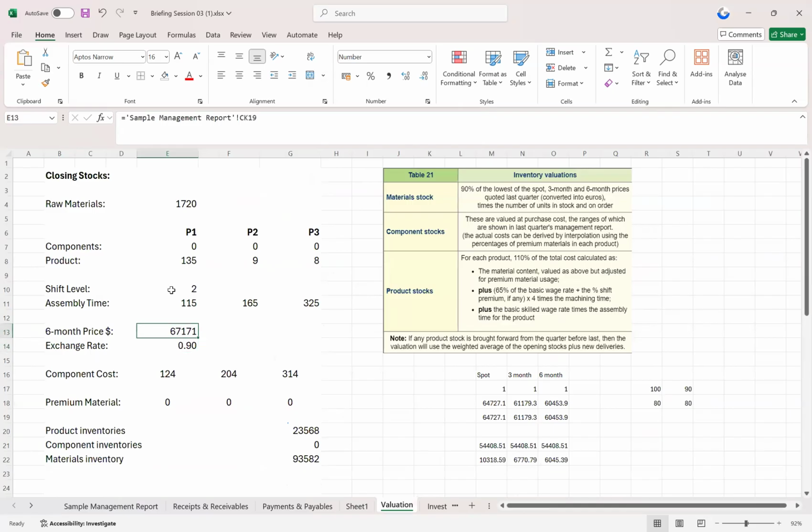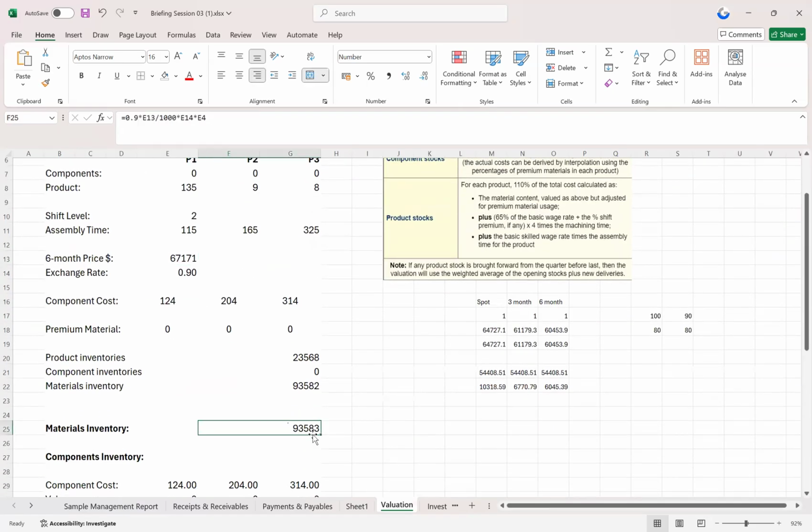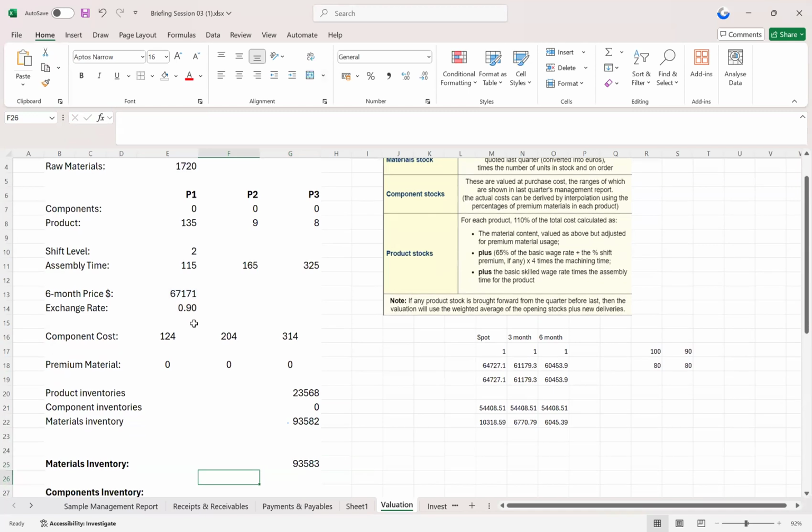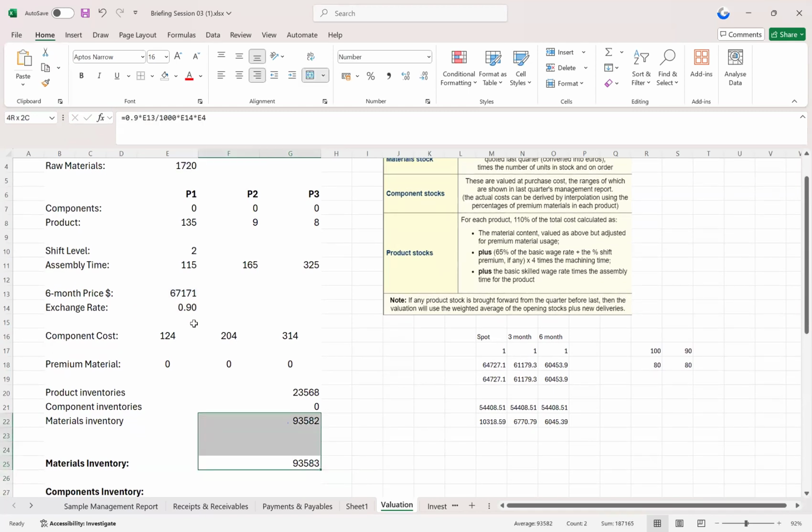The formula is very simple: 0.9 multiplied by E113, which is this price, divided by 1000, multiplied by 1720, multiplied by the exchange rate. I get 93583, which is almost what was actually reported, 93582. This is how we calculate the materials inventory.